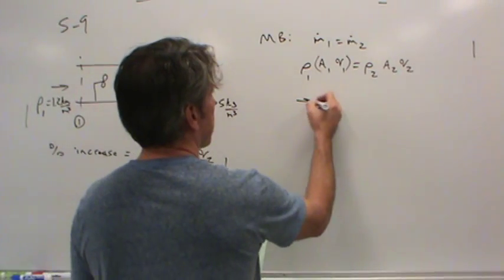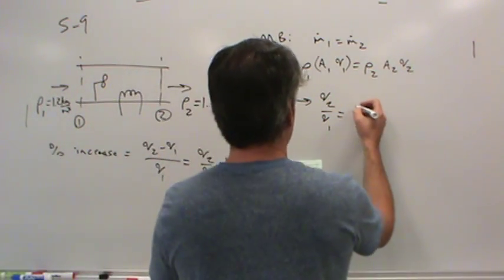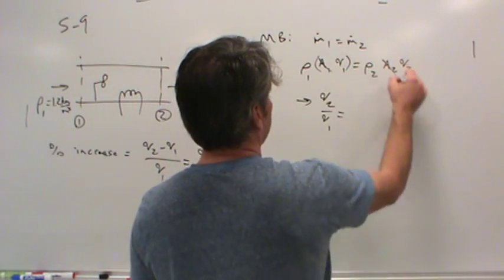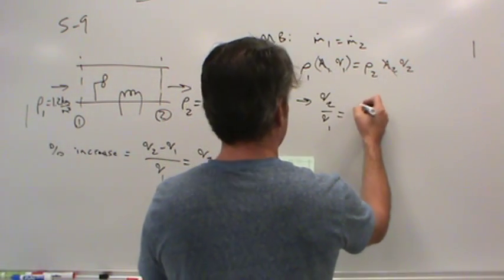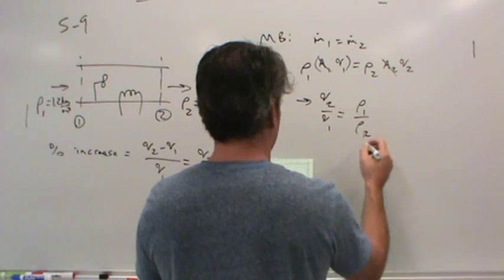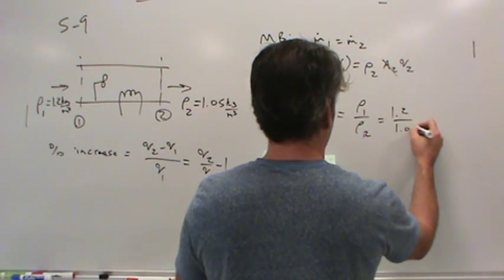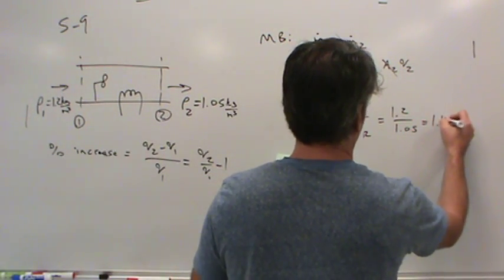So if we rearrange this, we'd have V2 over V1 is equal to, well, the inlet and exit areas are equal, so this is just the ratio of the densities between sections 1 and 2. And that is 1.2 over 1.05, which is 1.14.